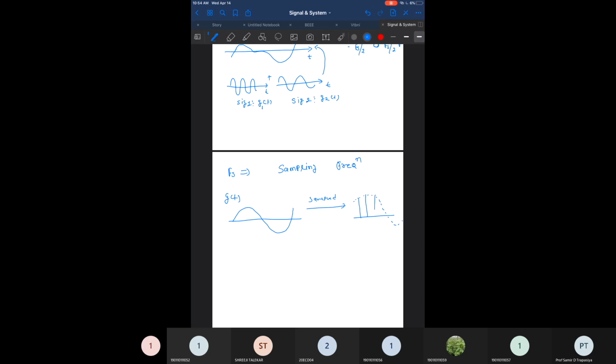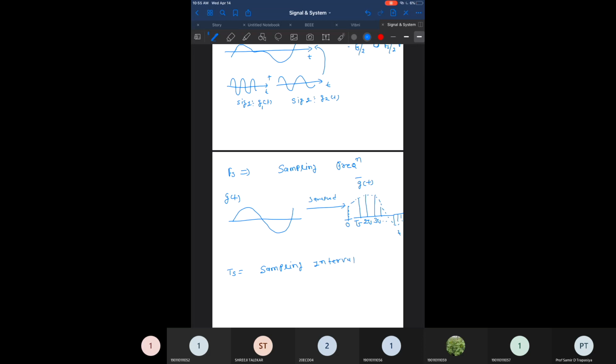These are the samples taken, and this sampled version is known as g disc of t, and this is represented as a discrete time signal, starting from 0, Ts, 2Ts, 3Ts and so on. This Ts is known as the sampling interval, and it is uniformly considered.